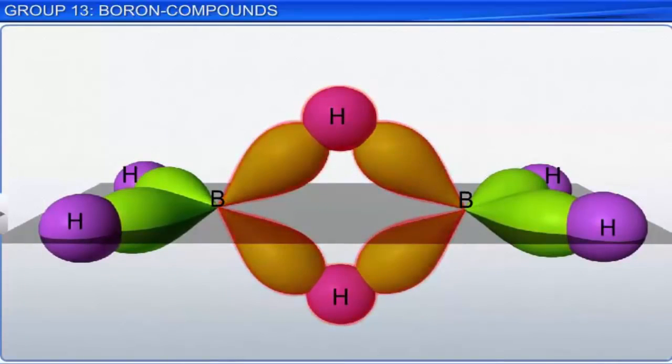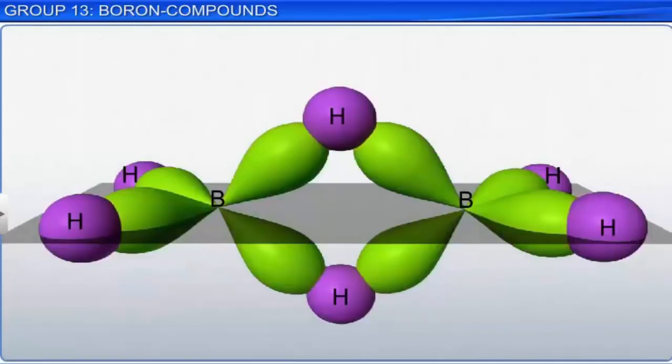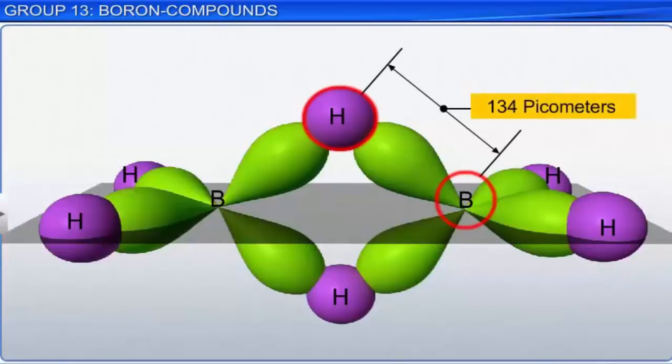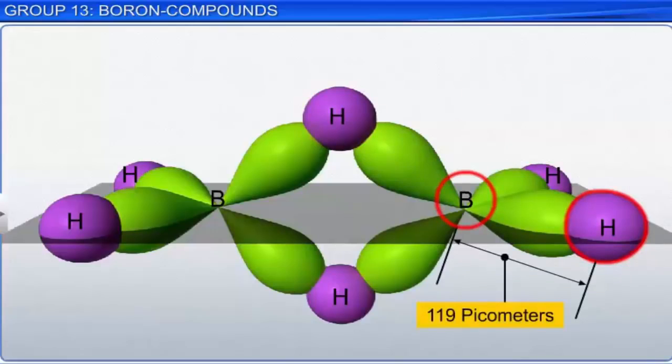The 2 bridge BHB bonds are unusual 3-centered 2-electron bonds. The bond lengths are different as well. The bond length of the bridging hydrogen and boron is 134 picometers, while the bond length of the terminal hydrogens and boron is only 119 picometers.